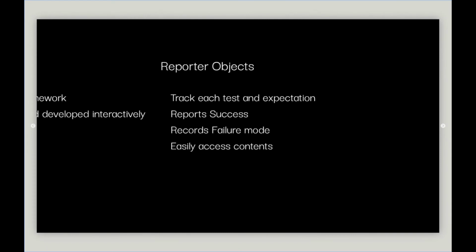That allows us to track and test each expectation as they go, and then it'll report a success for every expectation that passed, and if an expectation fails, it'll record exactly why it failed. And then we can easily access those contents because it's an R6 object in R.